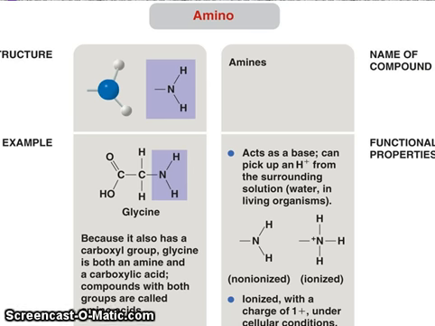They act as bases, which is kind of confusing because amino acids are not bases. But it says it's a base, so it's a base. They have a charge of 1+ under cellular conditions. So in the cell, they're charged positively.